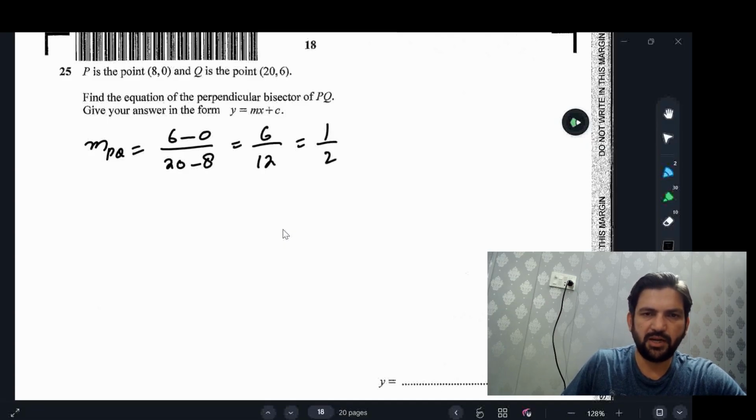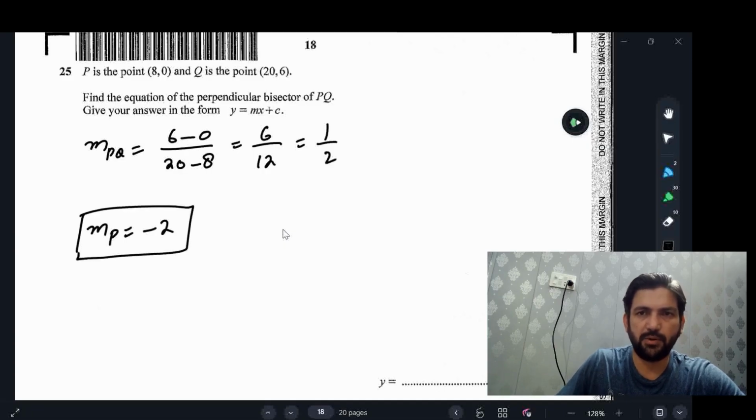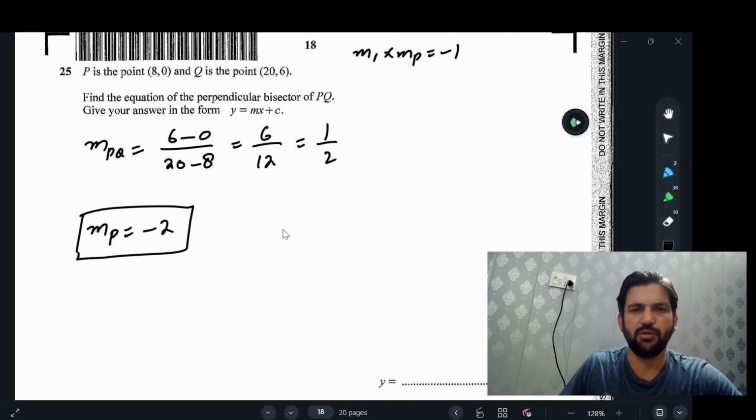Now, the gradient of the perpendicular bisector will be equals to negative 2, because we know that when the product of the perpendicular lines will be equals to minus 1 or the negative reciprocal.